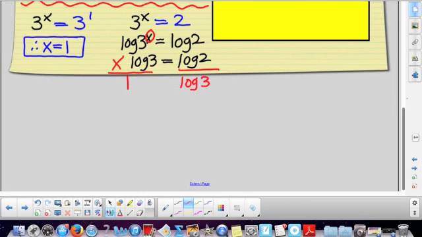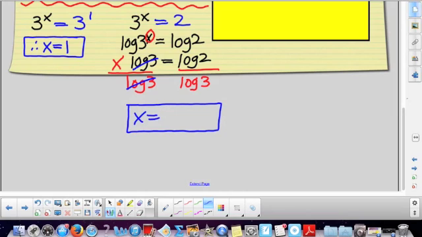So can someone give me a value of what log 2 divided by log 3 is? What is log 2 divided by log 3, Dave? X is equal to 0.631? 0.631. Thank you, Dave.